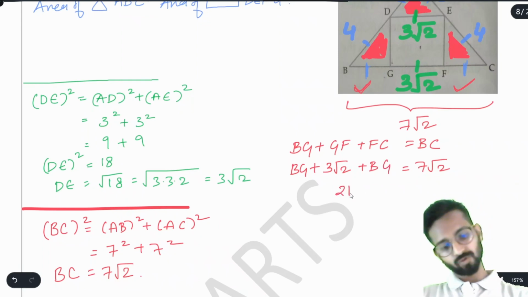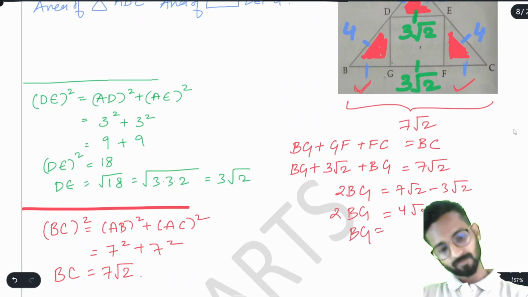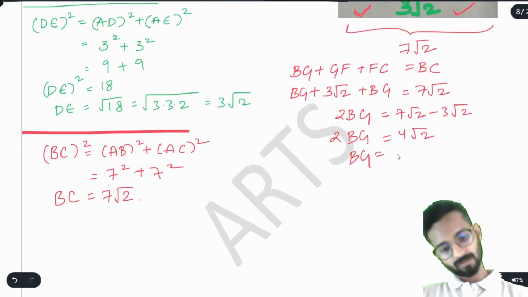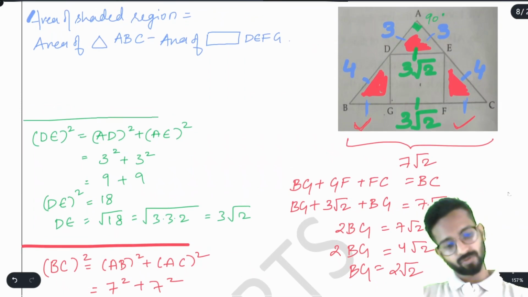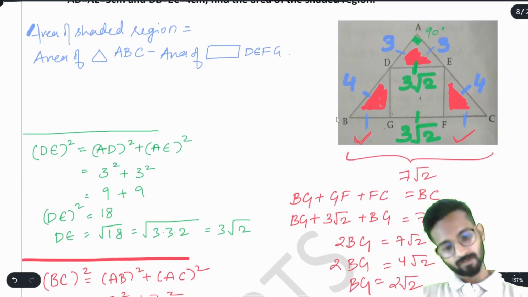So I can say 2 BG is 7 root 2 minus 3 root 2, that is 4 root 2. So I can say BG is equal to 2 root 2. Okay. When you find out BG is 2 root 2, you can directly write here that BG is 2 root 2.